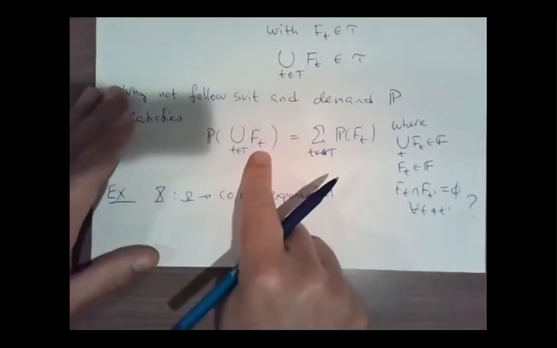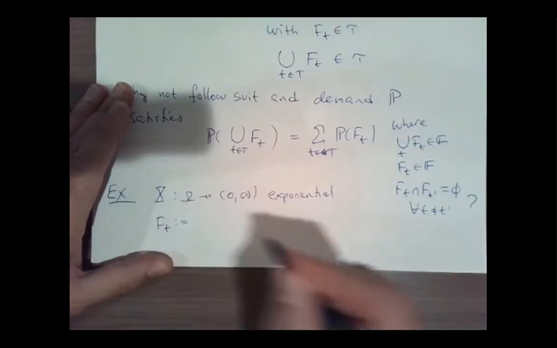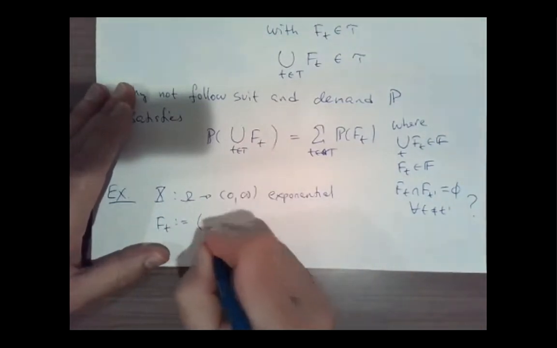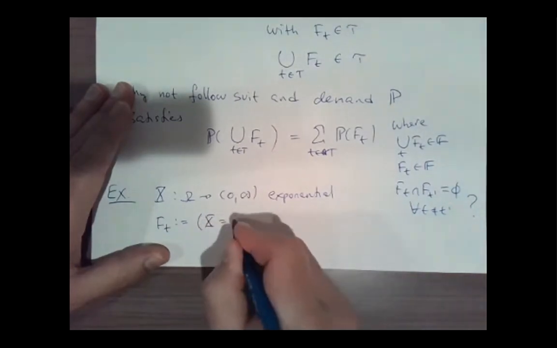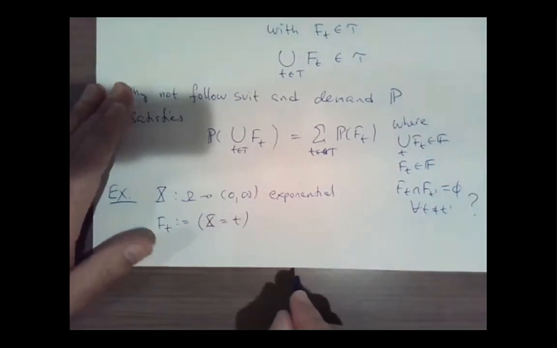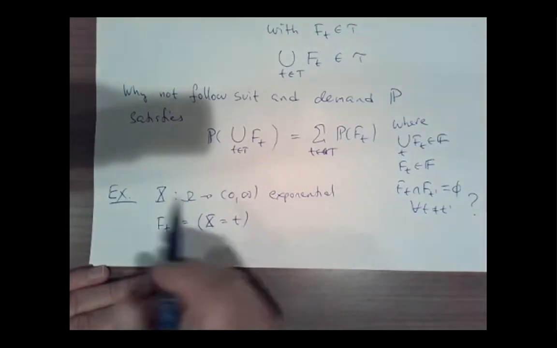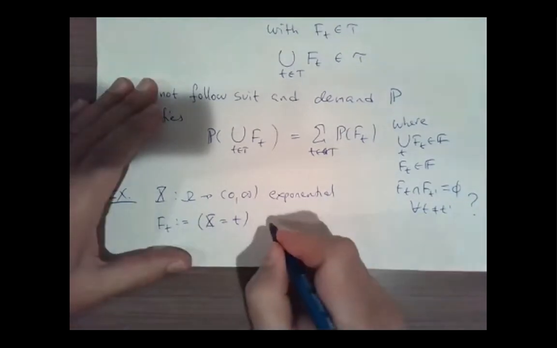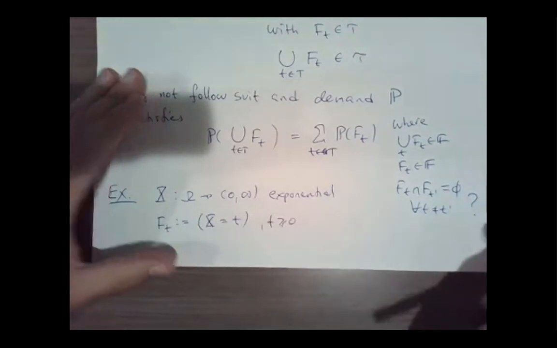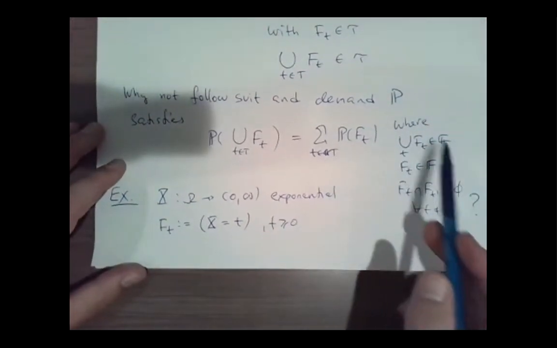What could my F_t's look like? Well, I could say that F_t is going to be where X is equal to t. Yeah, so this is where my exponential random variable takes the value t, and this is for a positive number. So then I'm going to have the structure over here.